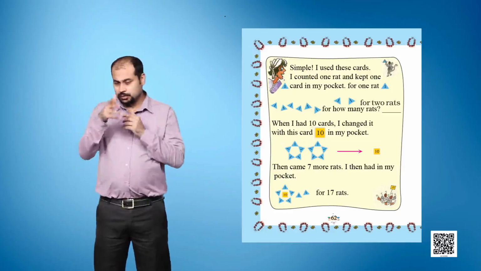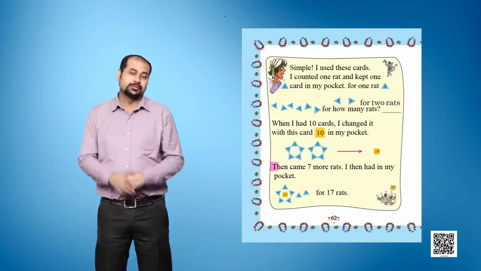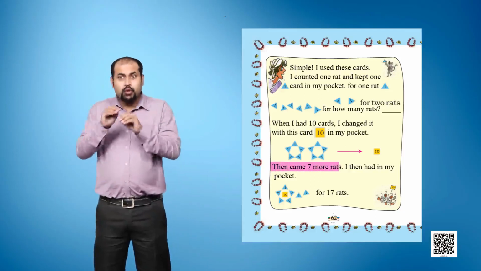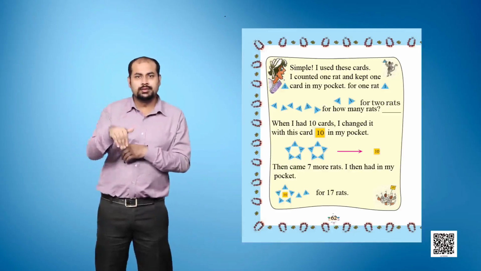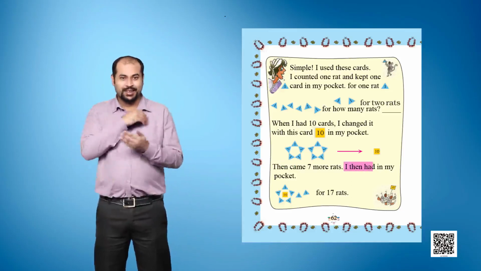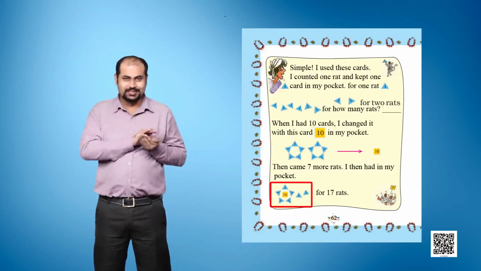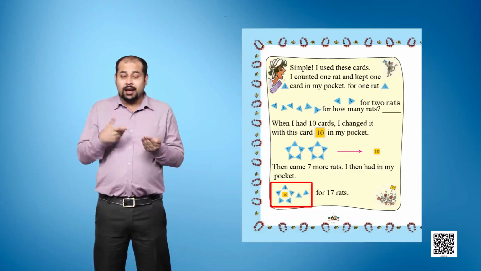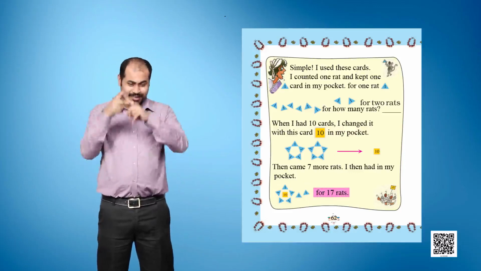The flute man continues. "Then came 7 more rats. I then had in my pocket 7 blue cards and 1 yellow card for 17 rats."